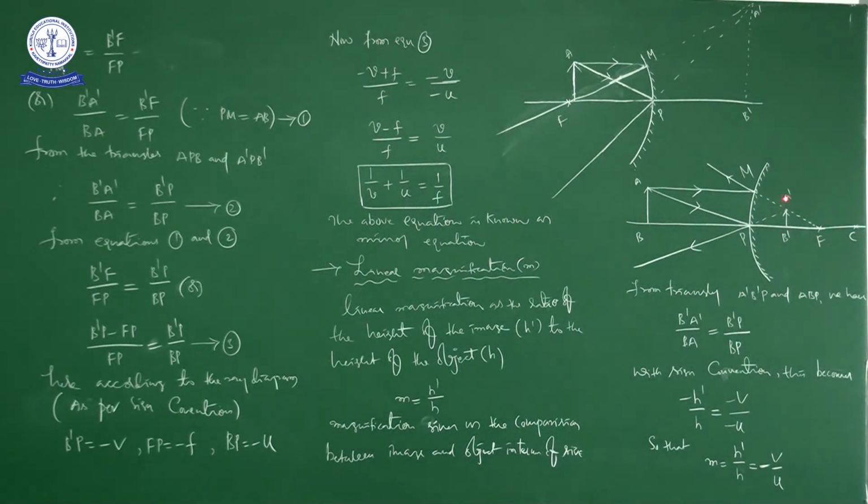If the size of the image is less than the size of the object, it is said to be diminished. So the image is diminished in the case of a convex mirror. Here the image is said to be magnified. So that is the difference between these two ray diagrams: one is because of a concave mirror, another one is because of a convex mirror.